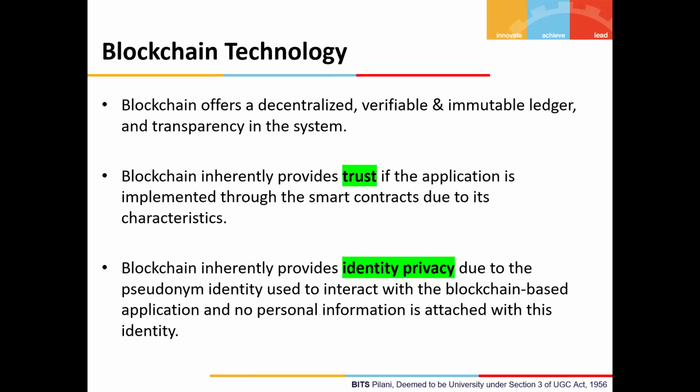So we are saying that blockchain can provide trust and blockchain can provide identity privacy. But we have seen there are other requirements as well, like data privacy, right? And we need data privacy and we need to make the system cost effective, right?